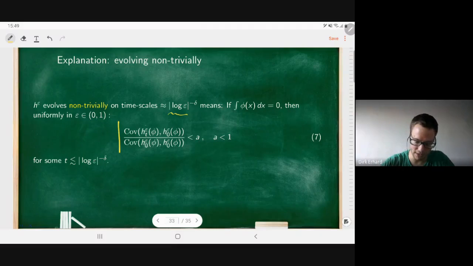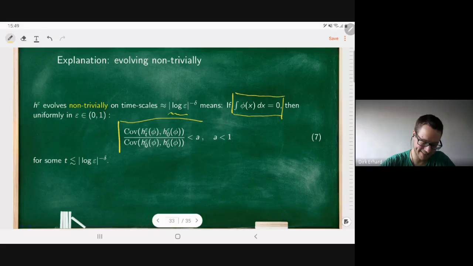You take a certain test function, and this condition has something to do with the invariant measure. Then uniformly in epsilon, for some a, this normalized covariance is smaller than a, for some t less than this value.